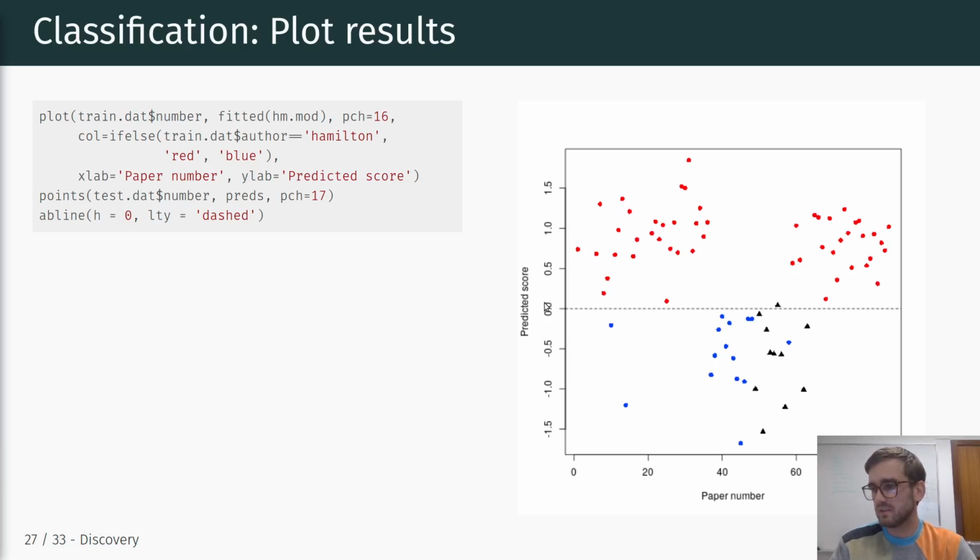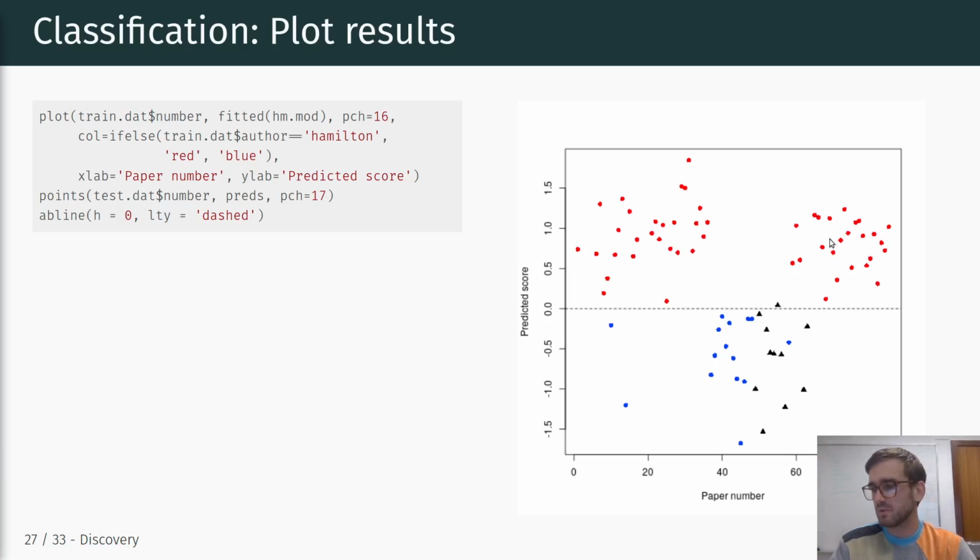And this is the result. We have on the x-axis the page number, so the individual essays basically, and on the y-axis we have the predicted score, and red and blue identify actual authorship by Hamilton and Madison. And I think I flipped it around in the previous slides because I confused whether one was Hamilton versus Madison.